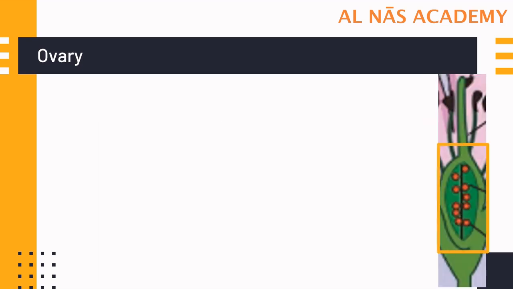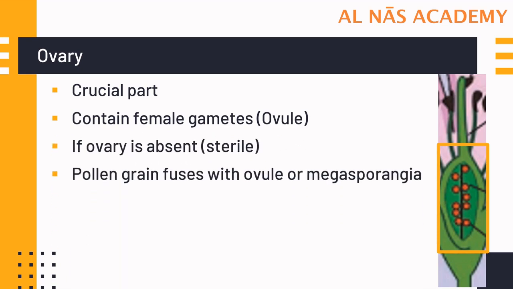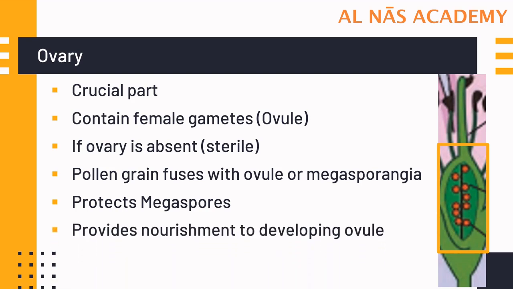Ovary is the most crucial part of the gynoecium which contains the female gamete referred to as ovule. If gynoecium does not contain ovary, then it is called sterile. A pollen travels down from the style to the ovary and fuses with the ovule or megasporangia, thus bringing out the process of fertilization. It encloses and protects megasporangia that carry megaspores. Ovary also provides nourishment to the developing ovule through the placental wall.